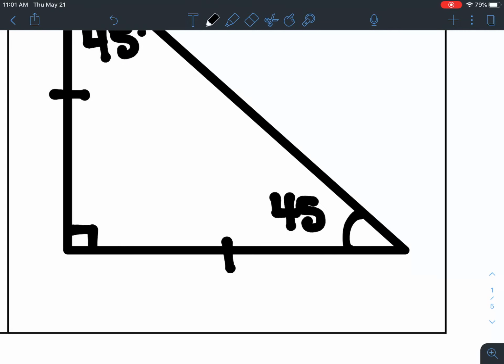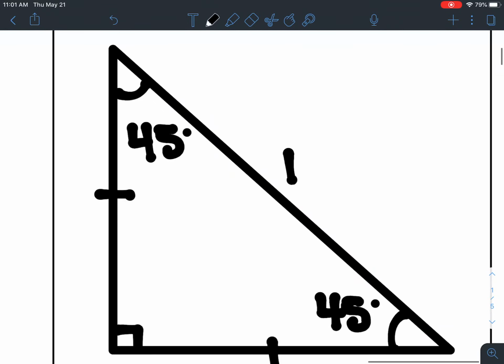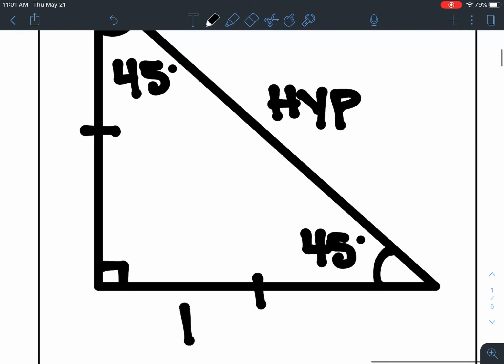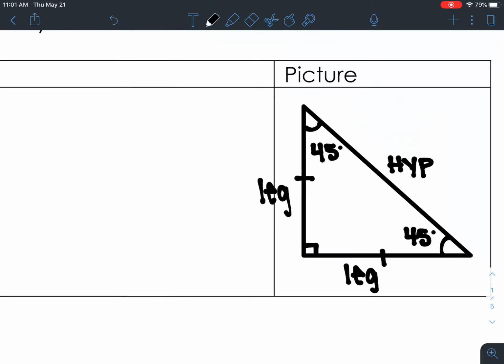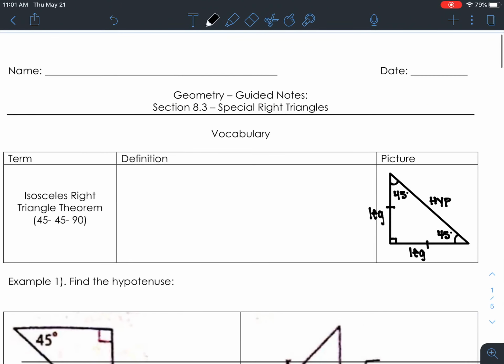Now, like I said, this is our hypotenuse, and then these are our legs. All of this is then going to be combined into one formula.